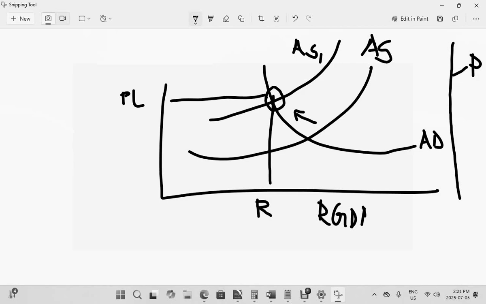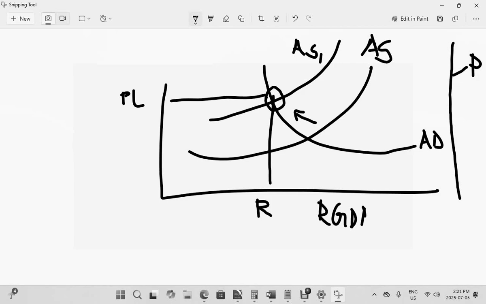So the net impact may be a little less or a little more of GDP, depending on whether the aggregate supply is successful in shifting the GDP towards the left more than the aggregate demand curve is successful in shifting the GDP more towards the right, or vice versa. So the net impact may depend on how much the aggregate supply or the aggregate demand curve is successful in shifting the GDP either to the right or the left.